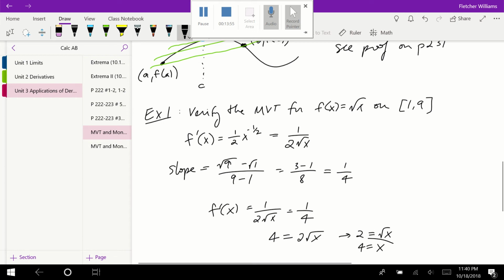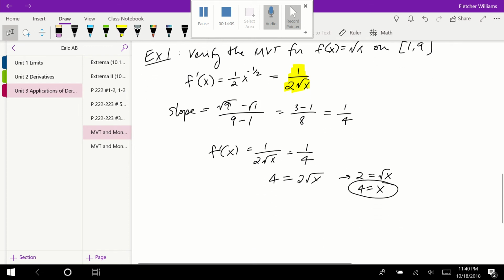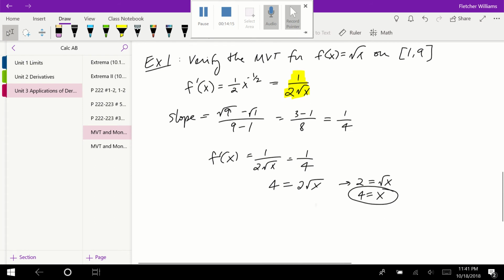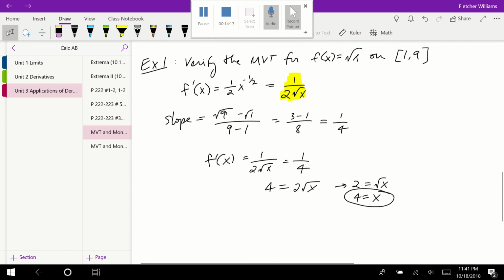Notice that based on our function of the derivative, there is a place. Oh wait, no, never mind. I was going to say something else about some critical points, but what we just did is we tried to find a place where the derivative is equal to the slope of the secant line.